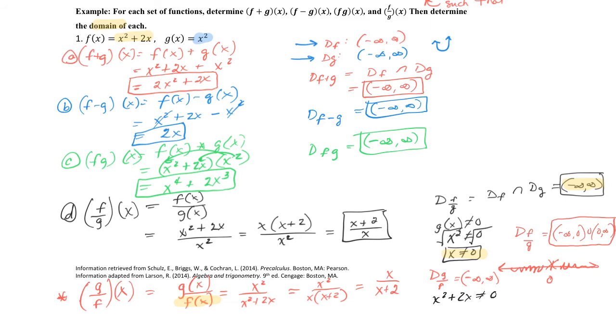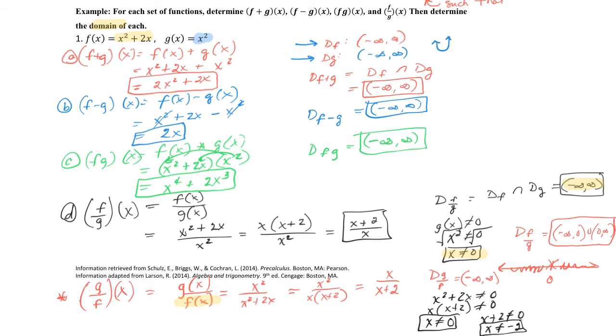I need to solve for the x values that would make that true. So I factor out an x, so x times x plus 2 will not equal 0, which means we'll set each of these factors equal to 0. X will not equal 0. X plus 2 cannot equal 0. Subtract 2 from both sides, and so x cannot equal negative 2. So 2 additional restrictions here.